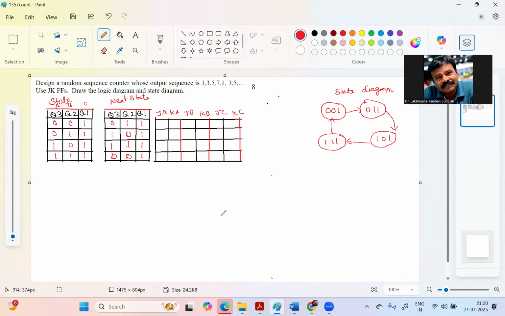Now you consider the JK flip-flop excitation table: Q(t+1), then what should be the J value and K value. This is the excitation table for JK flip-flop.